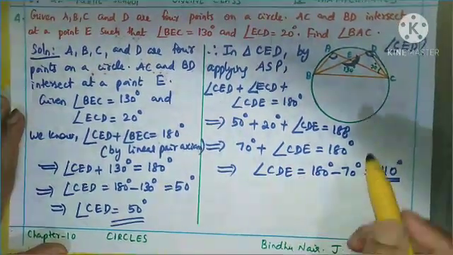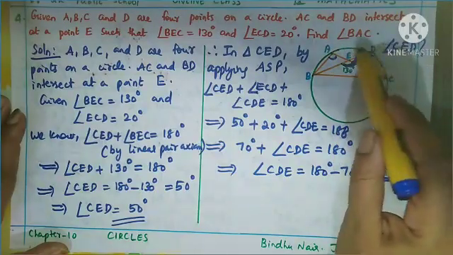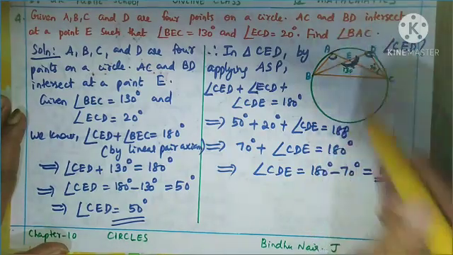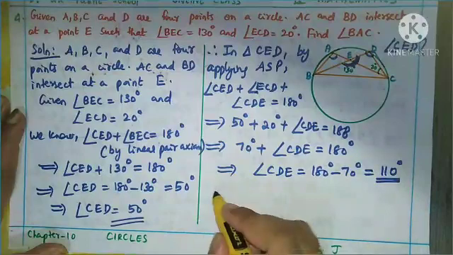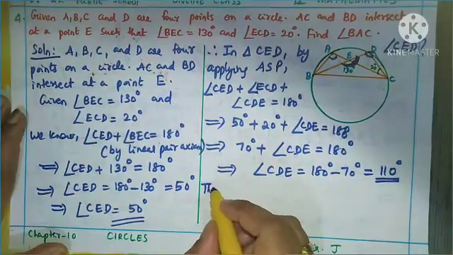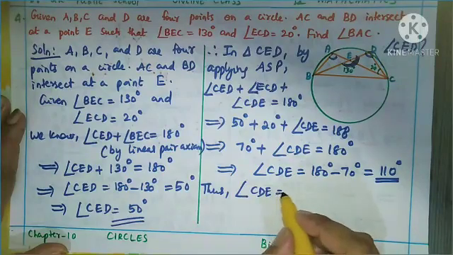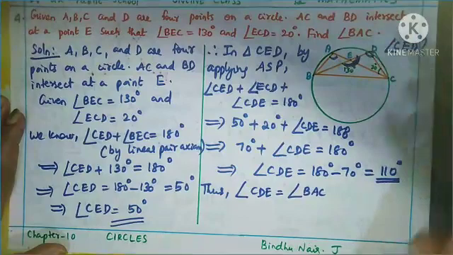Now as I said earlier, this D and A are angles on the same segment, so they are always equal by our theorem. So thus angle CDE equals this angle, what is the name? BAC.